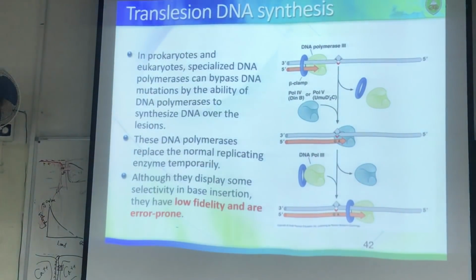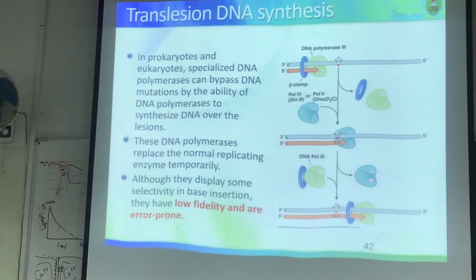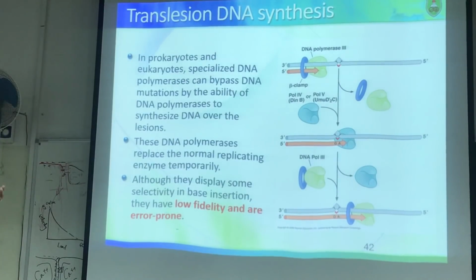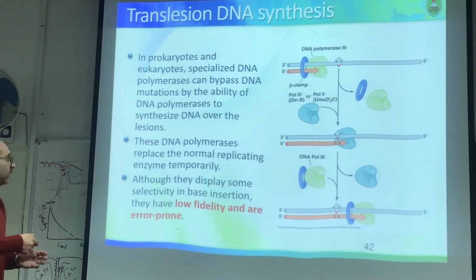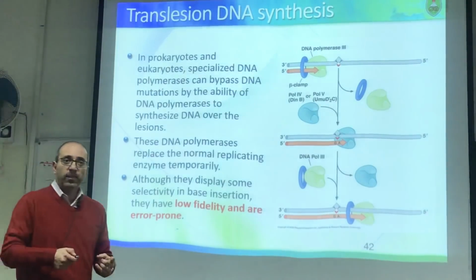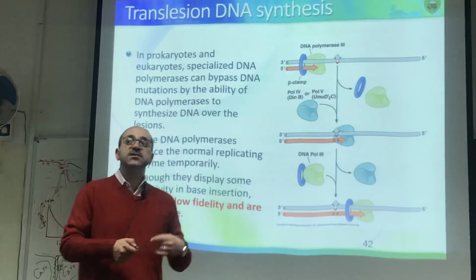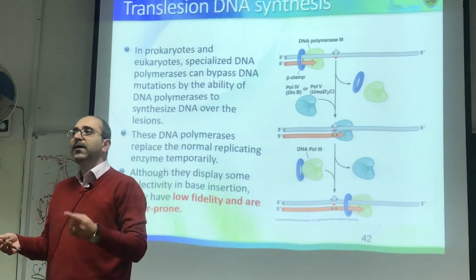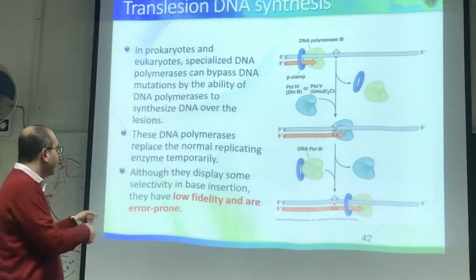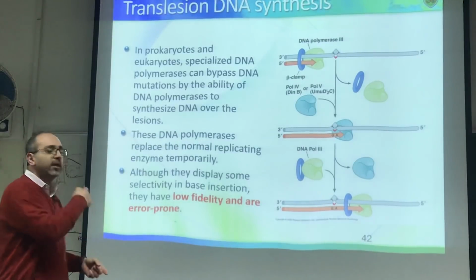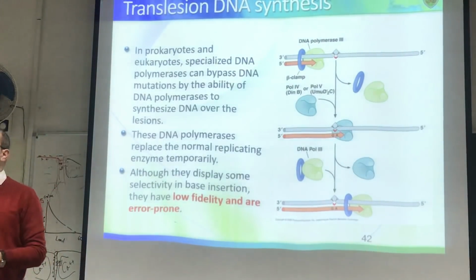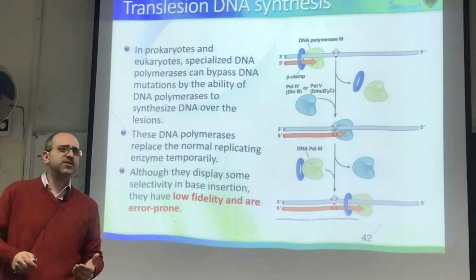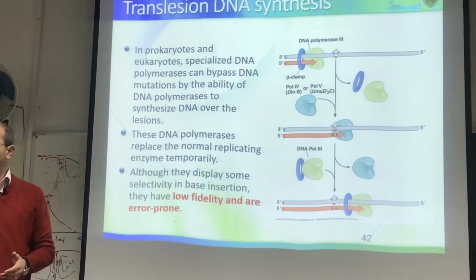Okay? Sometimes they're correct, other times they're not. But eventually they get dissociated, and the original DNA polymerase continues the work. Okay? Although this system makes cells survive the DNA mutations, it is error prone and it has low fidelity. And it creates mistakes and mutations.